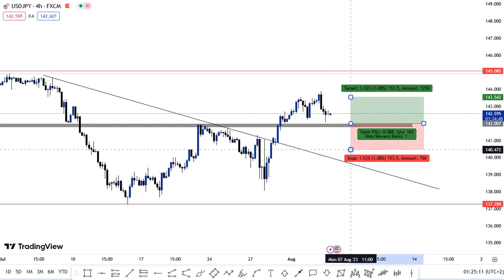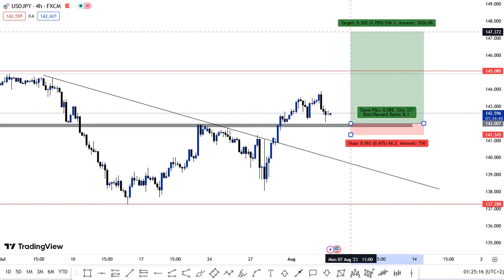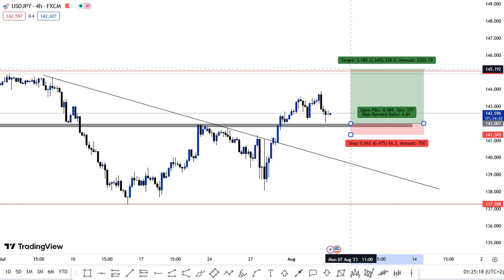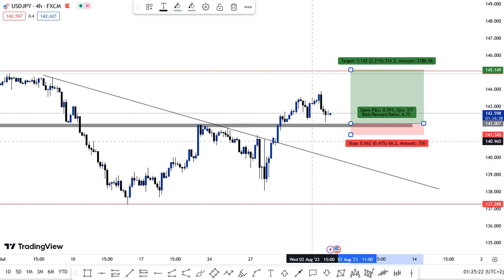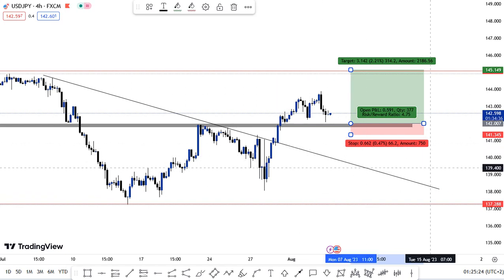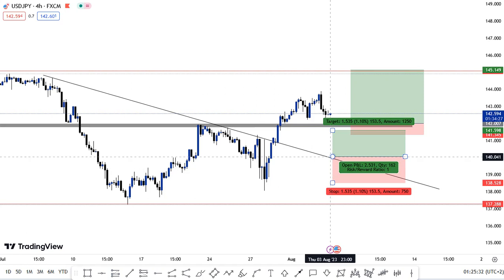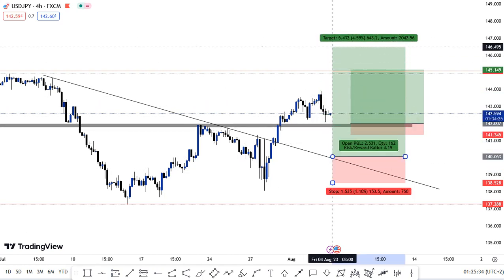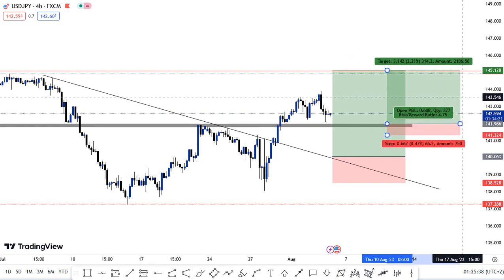So we can buy from here, or we're going to take this level first, this level here for a retest. For a proper retest, bro. So this is what we might have.